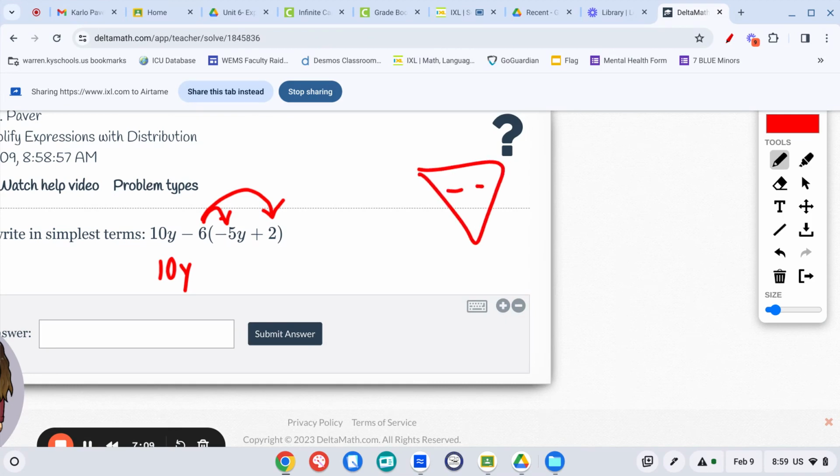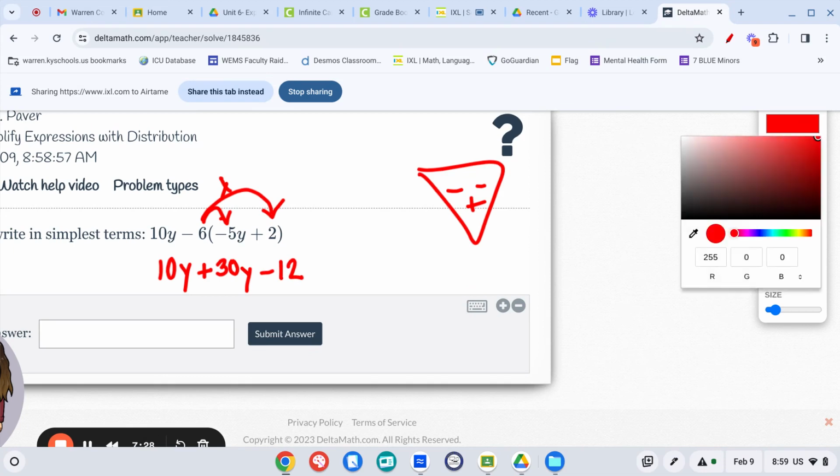So we have a -6 times a -5y. Two negatives are going to make a positive. So that's going to turn into positive 30y. And then -6 times positive 2 is -12. And then you are going to put together what goes together.